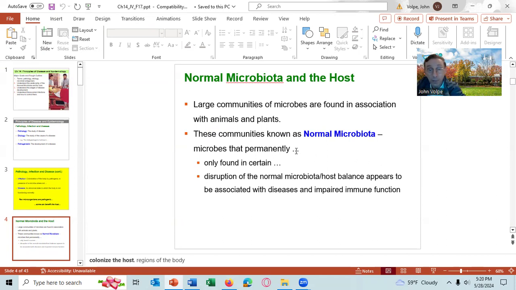The human normal microbiota will differ at least somewhat from the normal microbiota of other animals, like a cat's normal microbiota. Cats have Bartonella henselae as part of their normal microbiota.